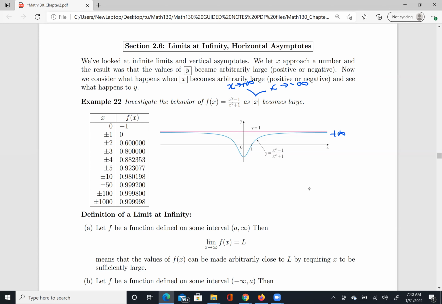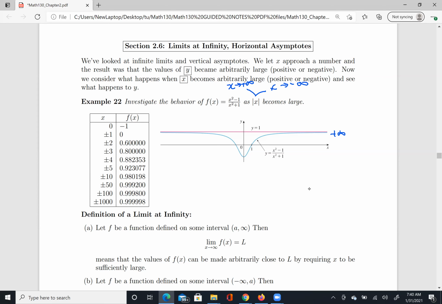But what happens to the graph? What's the value of the graph right now? It goes along with a horizontal line, y equal to 1, right?